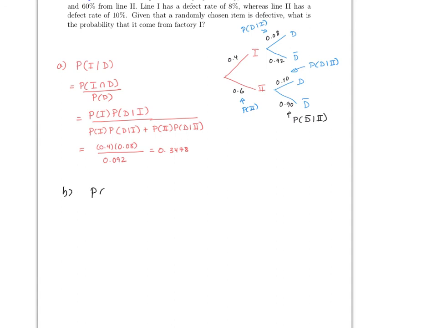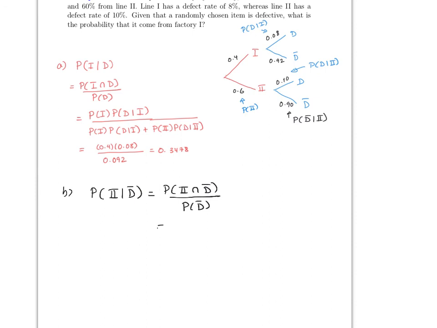Right, let me add one more question. If I ask you this, it means the following: given that you know that the item is not defective, what's the probability that it came from factory 2? So then this will be factory 2 and not defective divided by the probability that it is not defective.